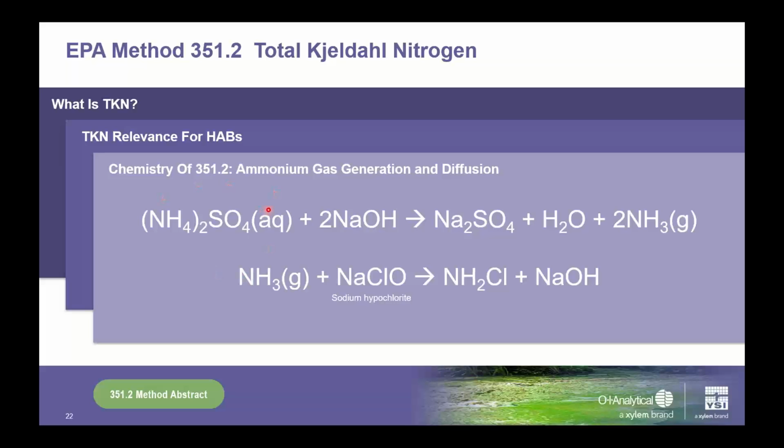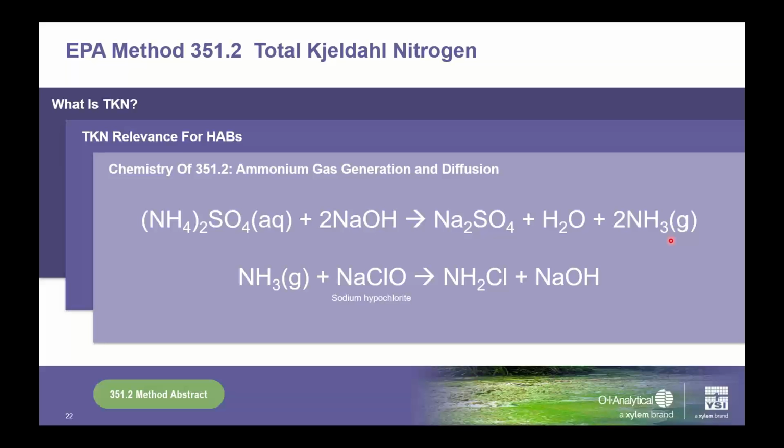Now, that ammonium sulfate, that complex nitrogen that you just made, is going to be in a solution, and we're going to add sodium hydroxide to raise the pH to over 11. That converts that ammonium sulfate into ammonia gas.